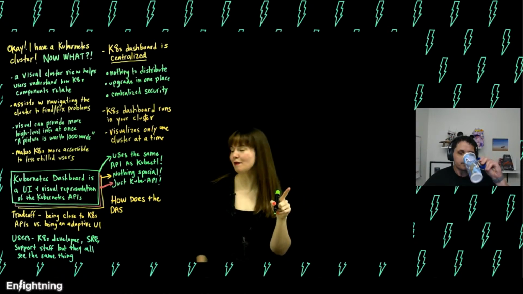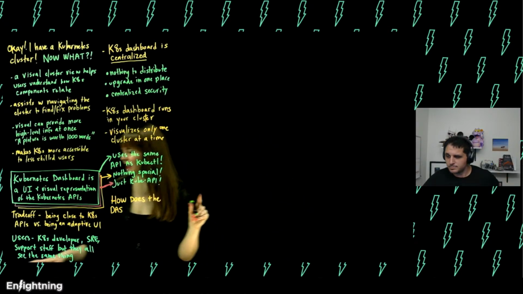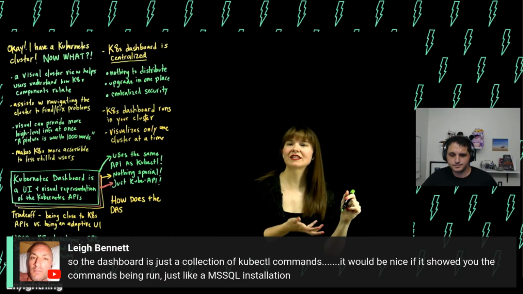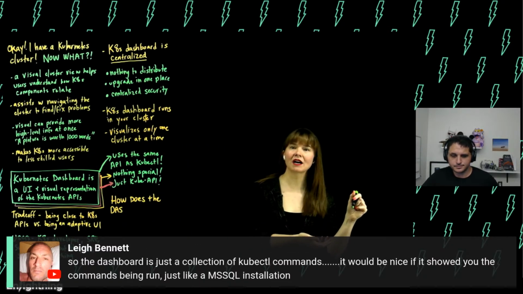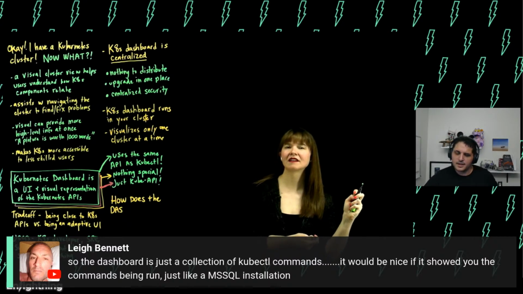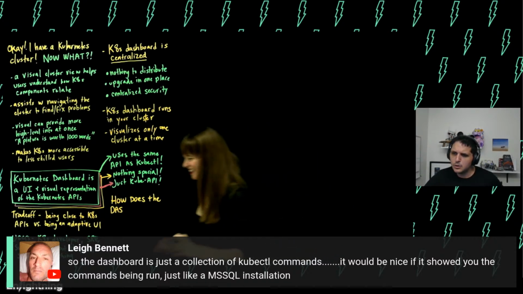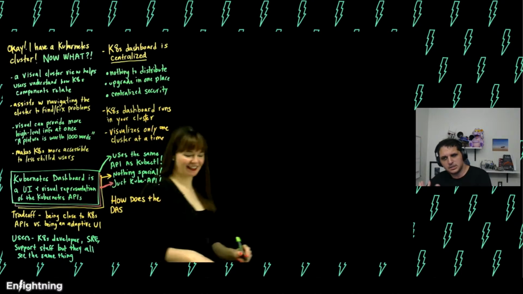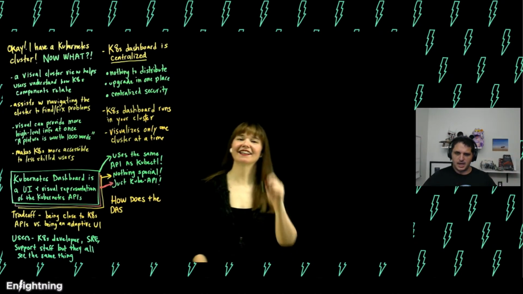I wanted to talk about these comments first, and then I have a question about where we're going, just so I could set up the board. So the dashboard is a collection of kubectl commands. It'd be nice if it showed you the commands being run. It's not that it's a collection of kubecontrol commands, it's that it's using the same API. Kubecontrol is just a CLI interface to the API.